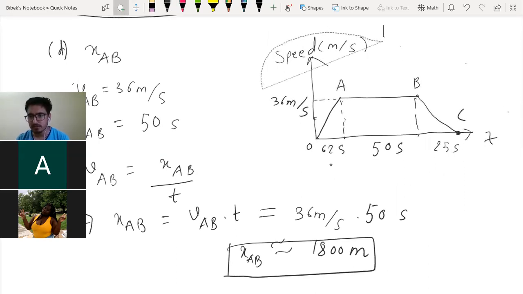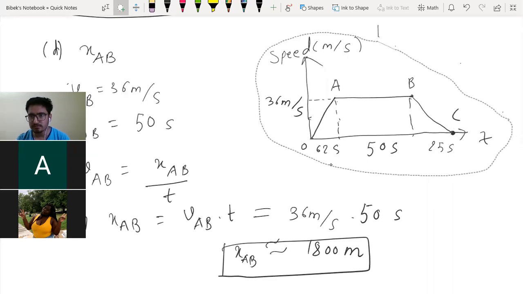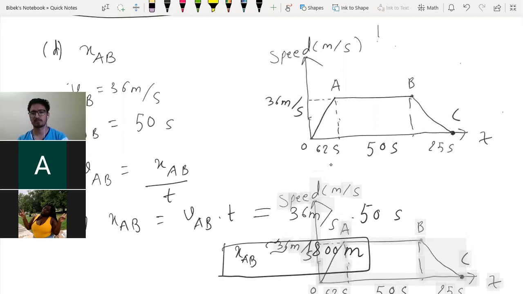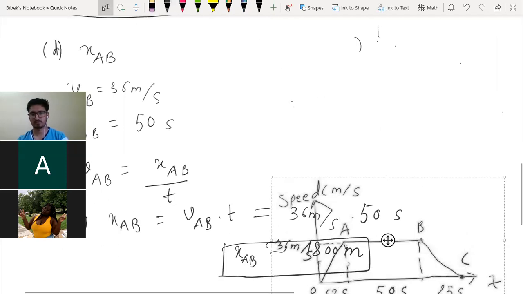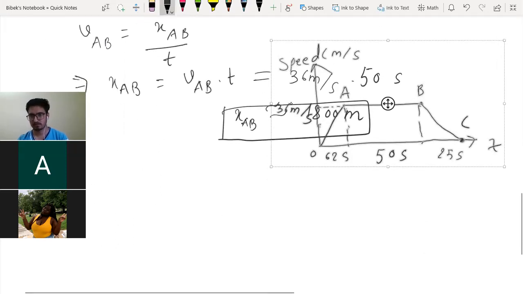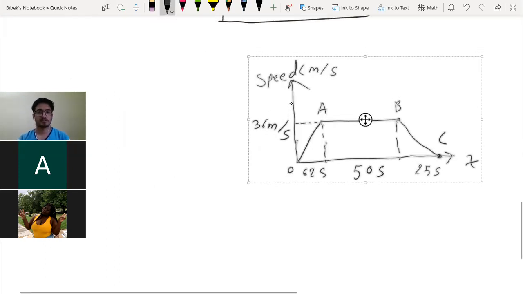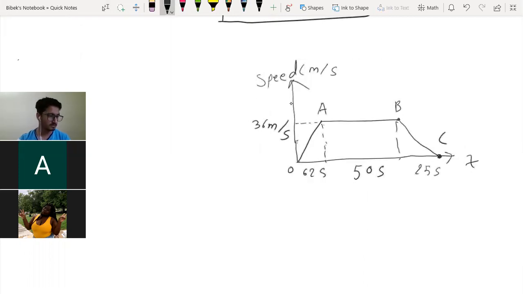Let me try once again. So lastly, you're asked for the total distance traveled. That's the distance that you travel from point O to point C.